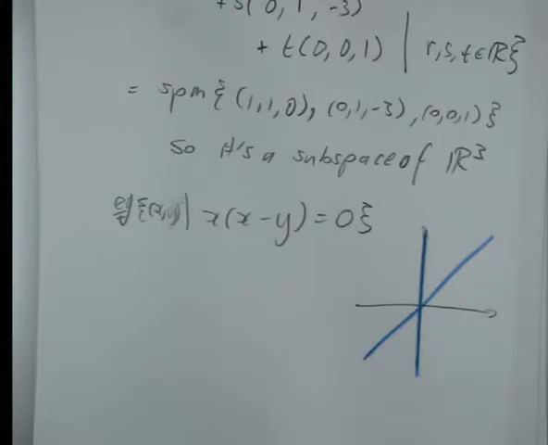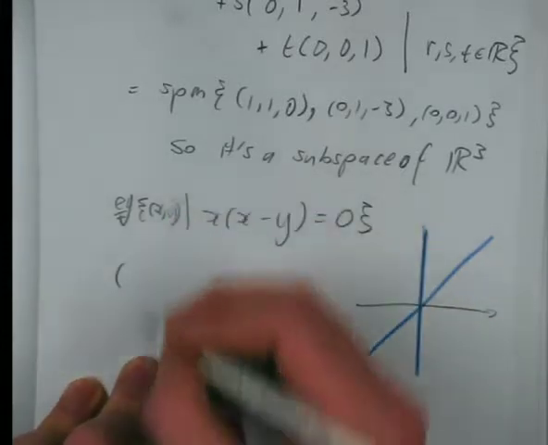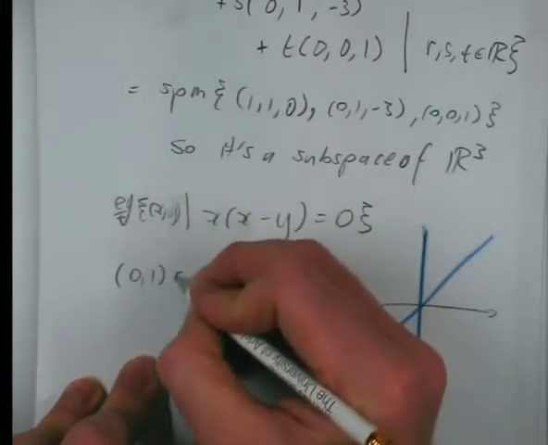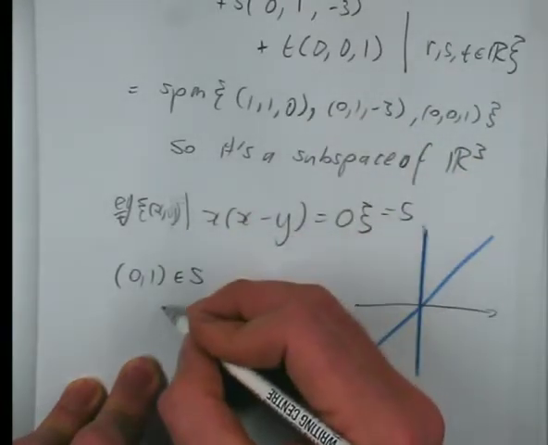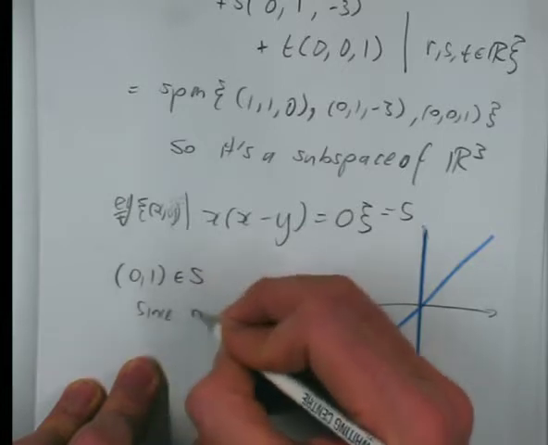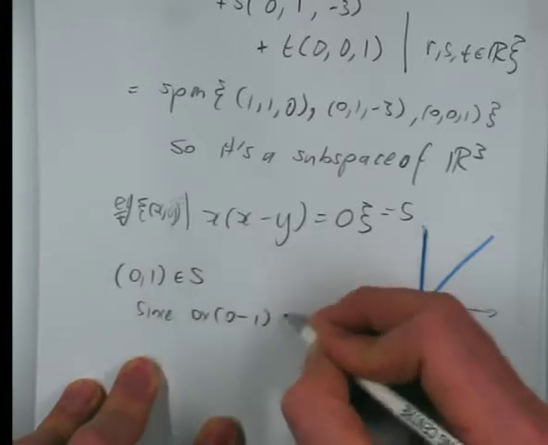So as long as I pick something on one line and something on the other and add them, then that will break the rule. So what if I pick the point (0, 1)? It is in, let's call it S, since 0 times (0 minus 1) is 0.